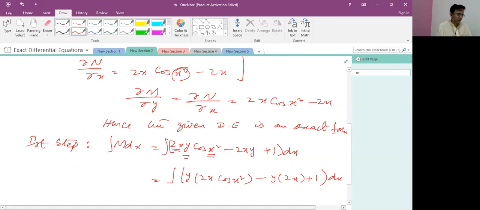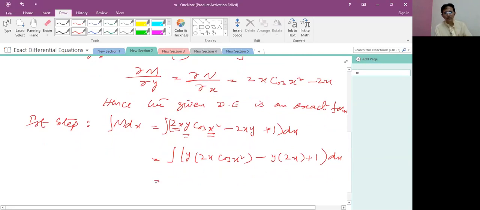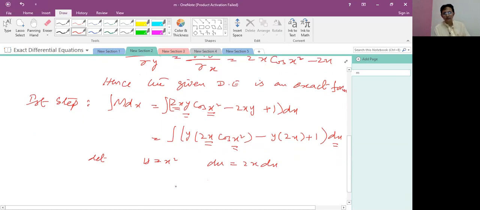Then we integrate with respect to x only, y keeping constant. So here, student, let u be equal to x^2, so du is equal to 2x dx.